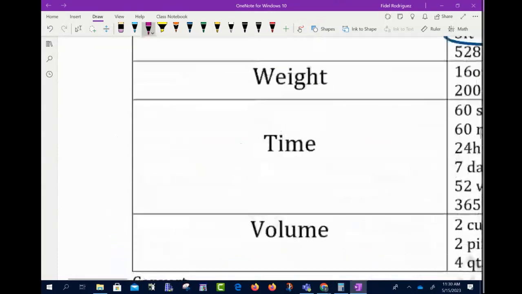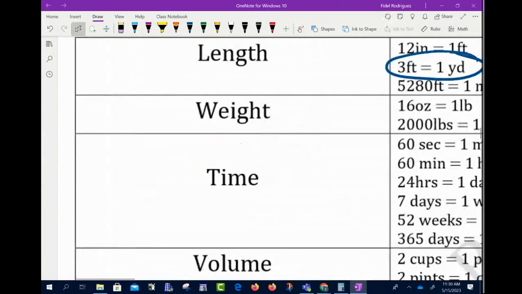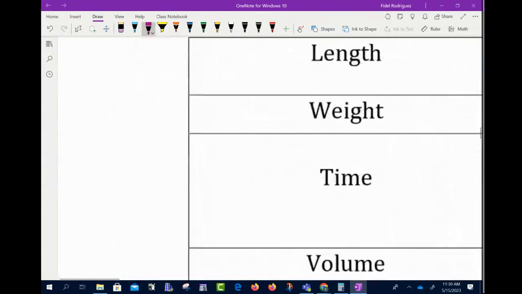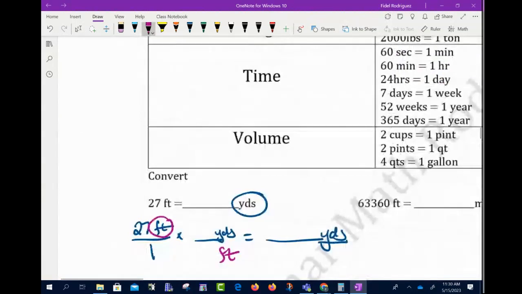Now I'm going to use this little piece that we have. Everybody agree 3 feet is the same thing as 1 yard? So look, we're going to come back this way. We're going to put 3 feet, 1 yard. Y'all, the way we multiply fractions is we go straight across. 27 times 1 is? 1 times 3 is?